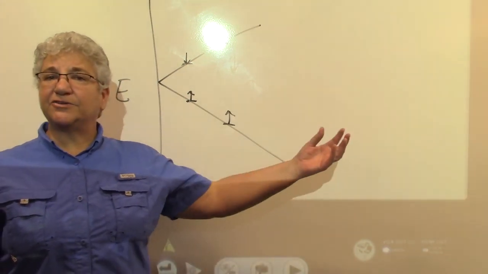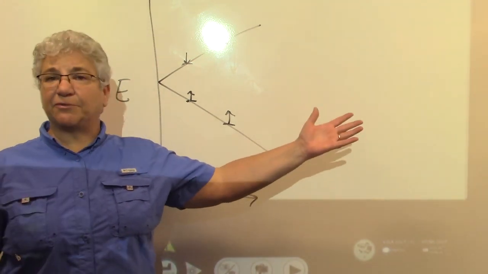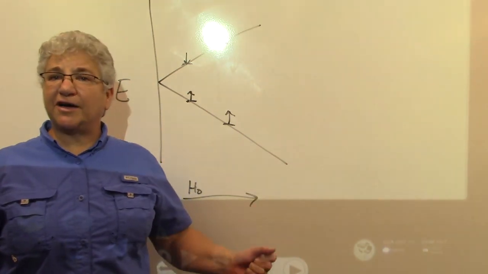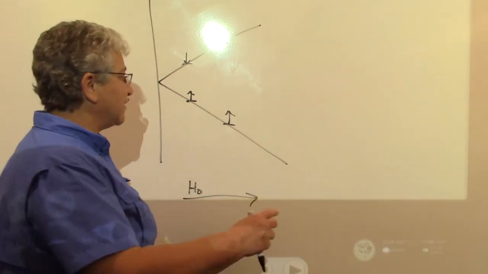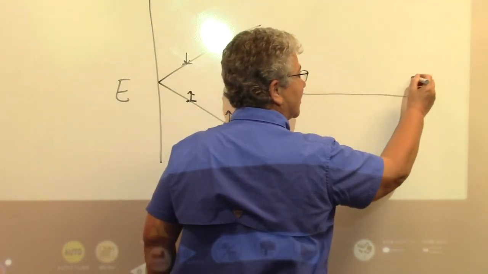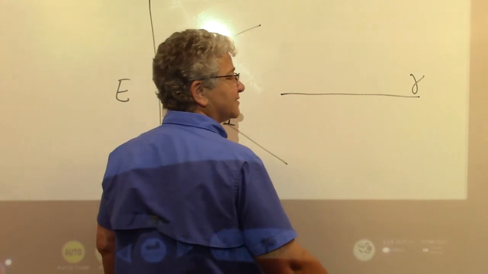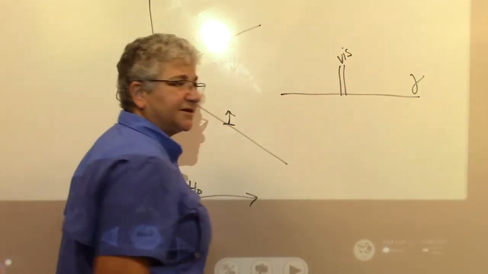The highest energy, you might think of out in space, are gamma rays. So gamma rays are the highest energy, and then a little bit less. Let me make a little chart here. Out here we have our gamma rays, and I'll put in here where we have visible light.